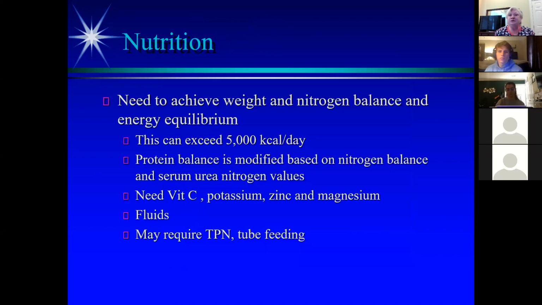Okay. Nutrition, we're almost done. Nutrition is extremely important. When you want to regenerate tissue, you give them high protein. So we must increase the protein in the burn patient's diet. They should be on a high calorie, high protein diet. Very important.